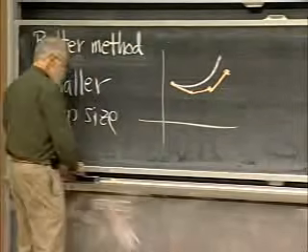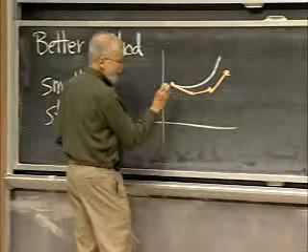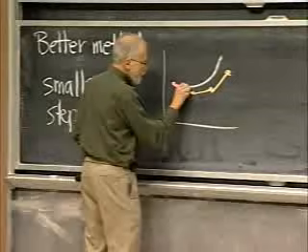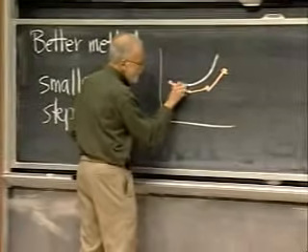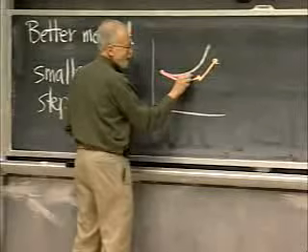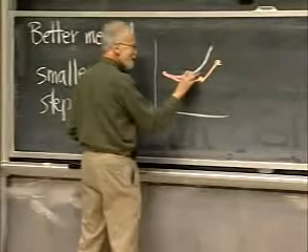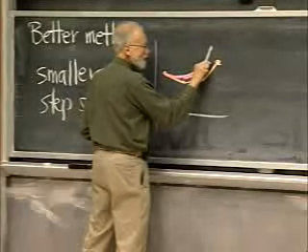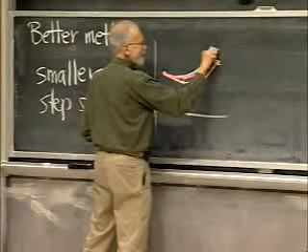Well, I better switch to a different color. If I halve the step size, I'll get a littler one. It goes like that, and now it's following closer. Of course, I'm stacking the deck, but see how close it follows?